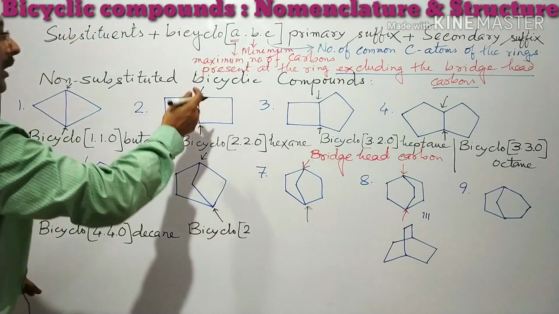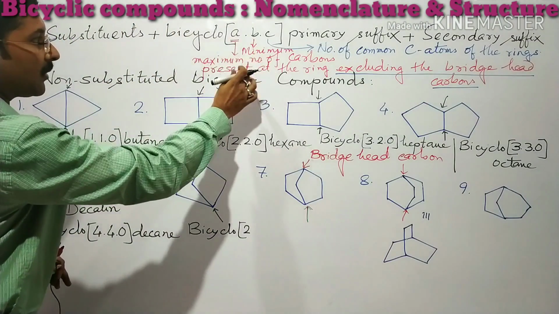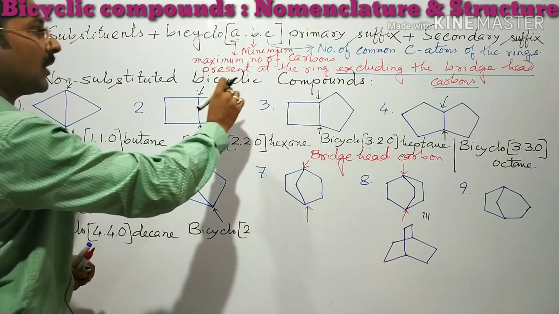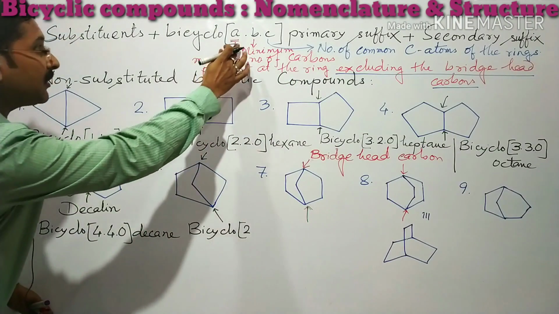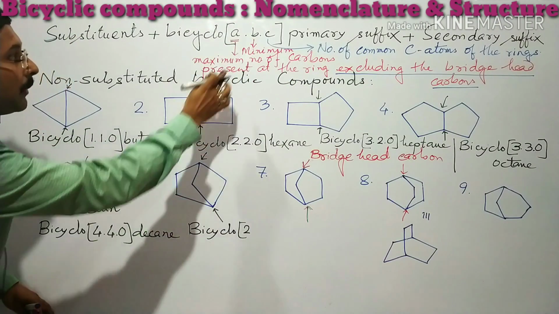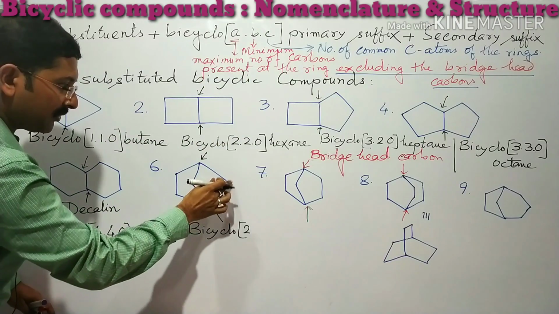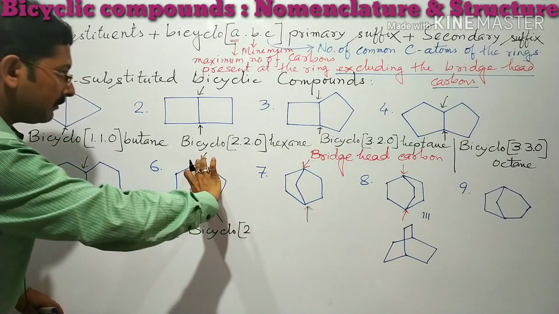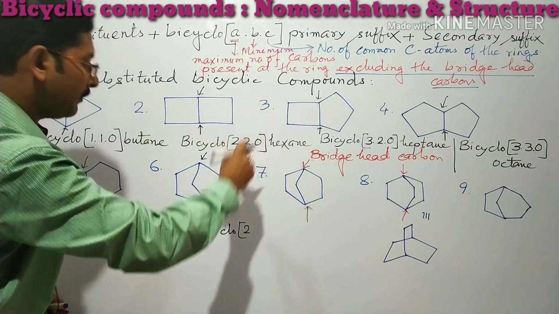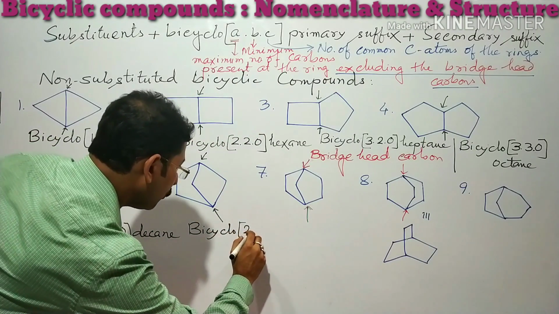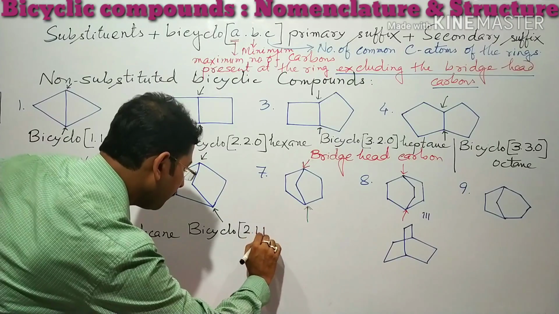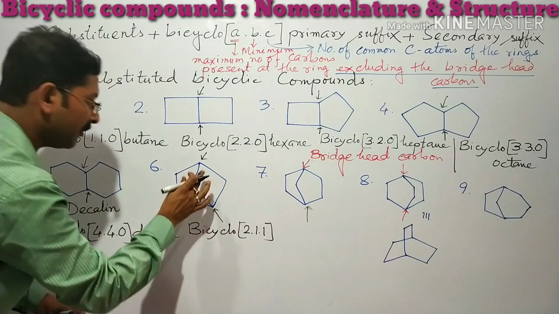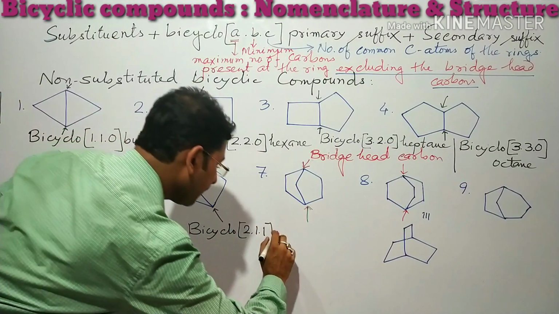That is, A is the maximum number of carbons, B is the minimum number of carbons. So A is the maximum number of carbon, 1 2, B is 1, and C is again 1, excluding the bridgehead carbons. So this is 2 1 1. Total carbons 5 and 1, 6, hexane.